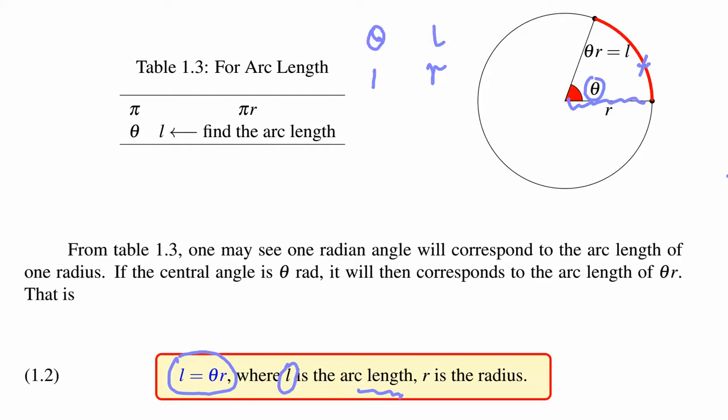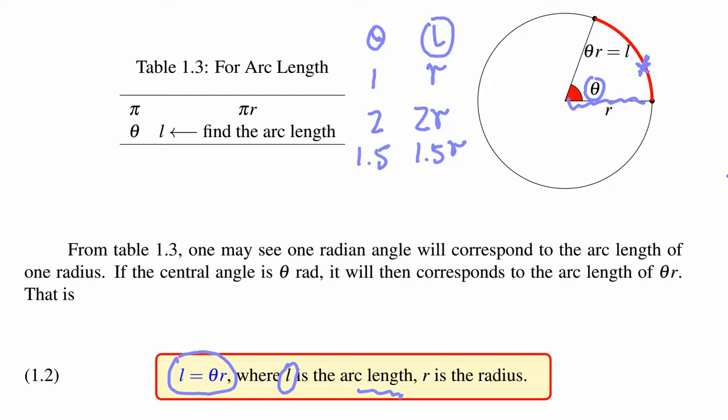Then, of course, if the length of arc is twice as much as the radius, that will be 2 radians. So if it's 1.5 R for the length of arc, then here will be 1.5 radians.